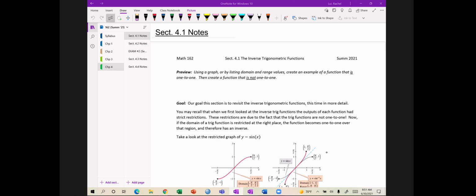And then in chapter 4, we're going to learn to solve trig equations. So solving trig equations is going to combine our algebra and trig skills. So we're moving forward to the latter half of the material, which involves solving trig equations.